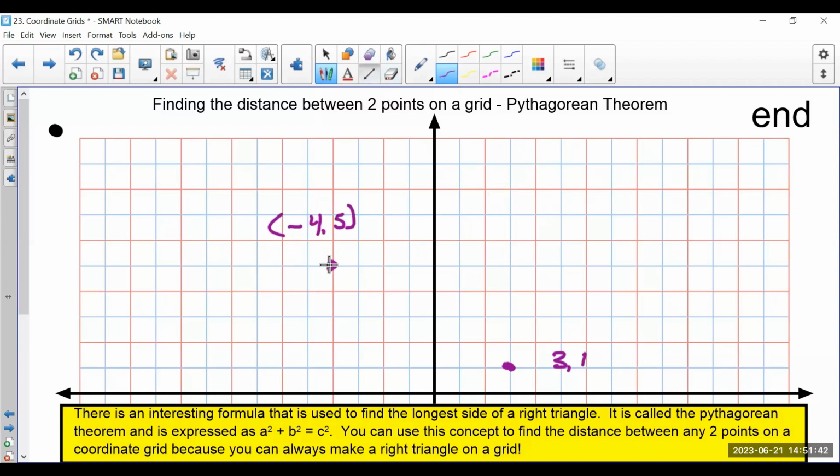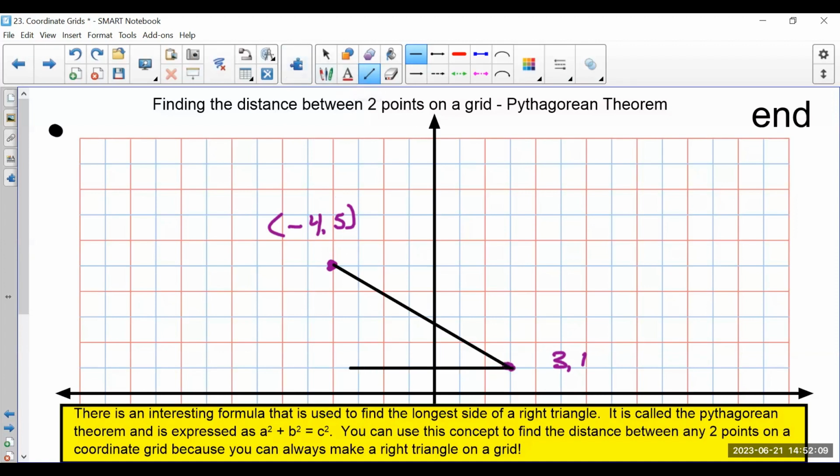If you were to draw that line, a straight line, you'd say, well, it's longer than the difference between the x's, which is 7, from here to there.